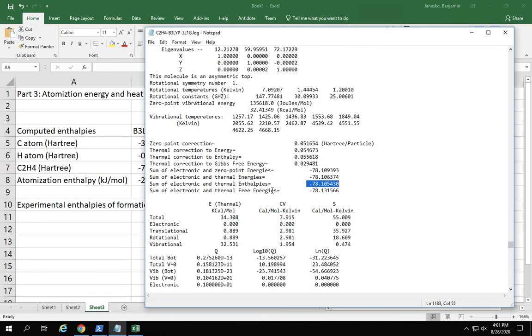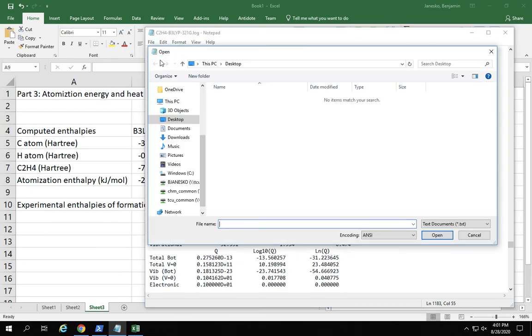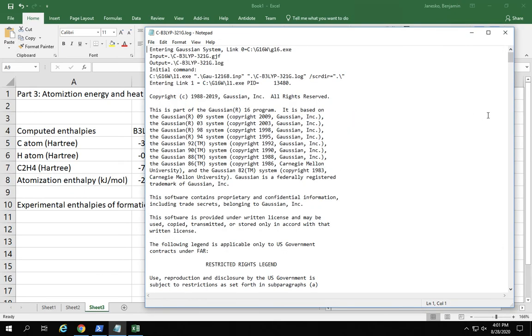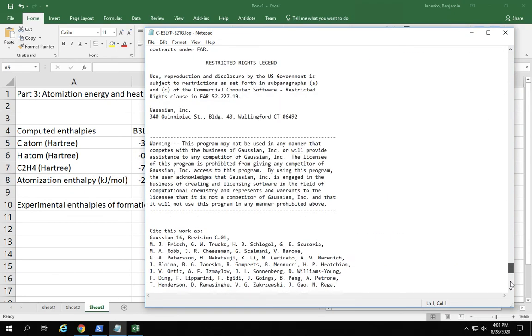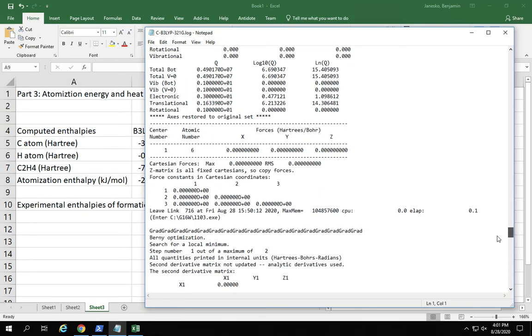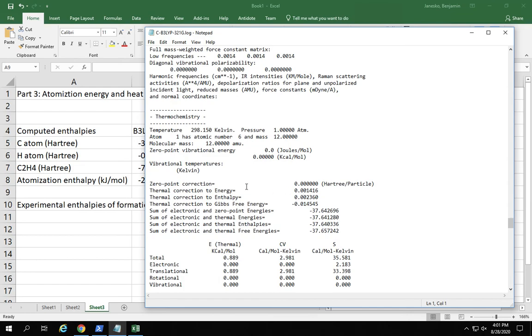I told you that there are these small corrections that are built into the thermochemical analysis, even for the isolated atoms. So there's a thermal correction to the energy for carbon atom, and there's a thermal correction to the enthalpy for carbon atom. And my question is, are those real? For the Gibbs free energy, it is real.